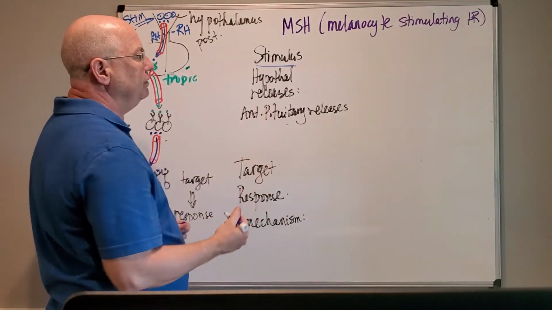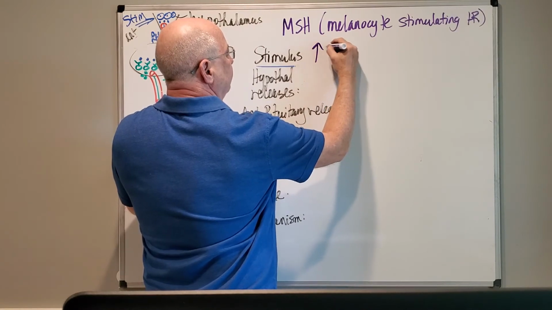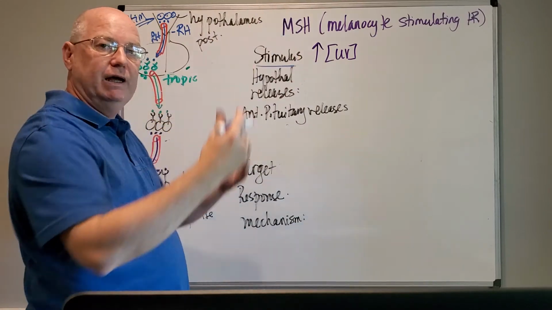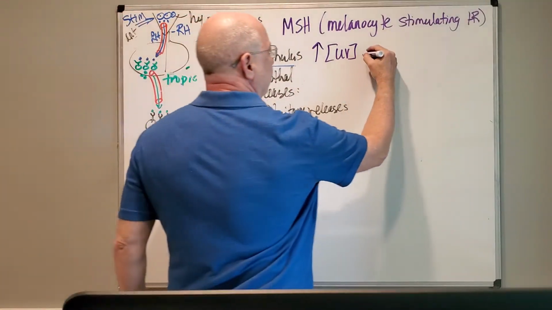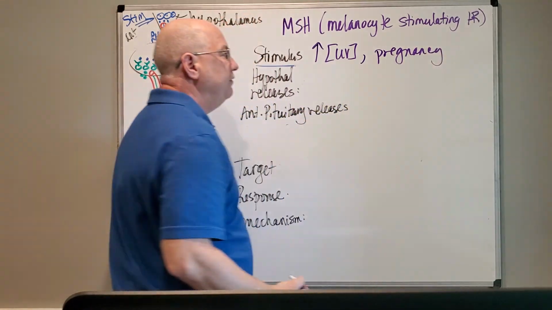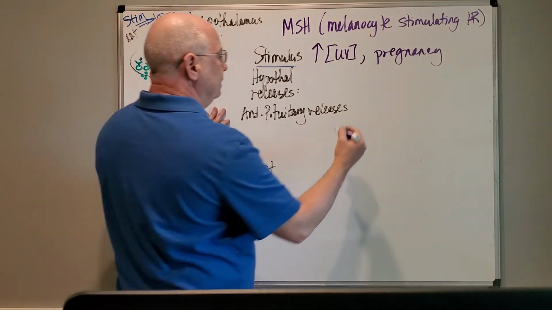Now, melanocyte stimulating hormone, the stimulus for that can be several-fold. It can be increased concentration of UV light or increased UV light exposure, ultraviolet light. And in females, pregnancy, for some reason, we have increased melanocyte stimulating hormone.